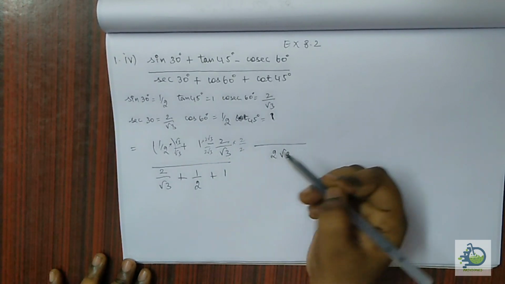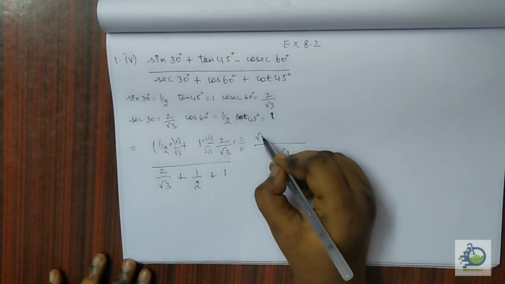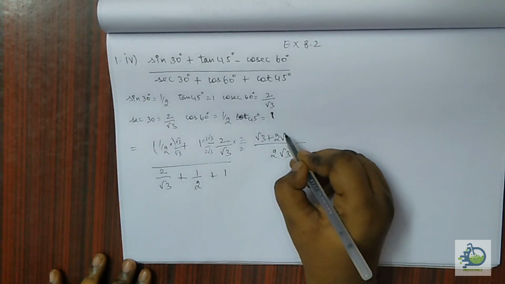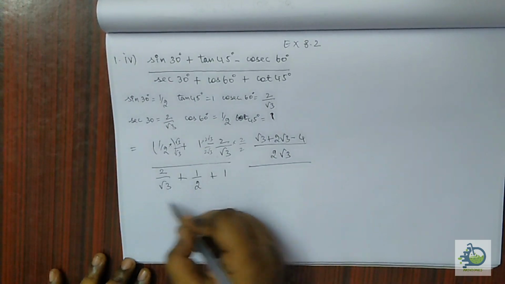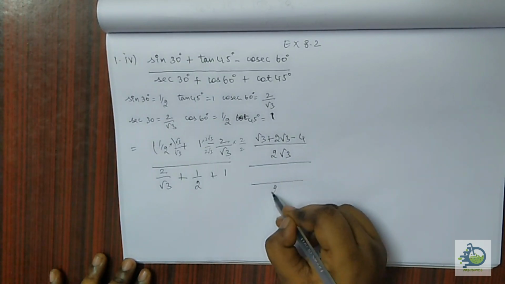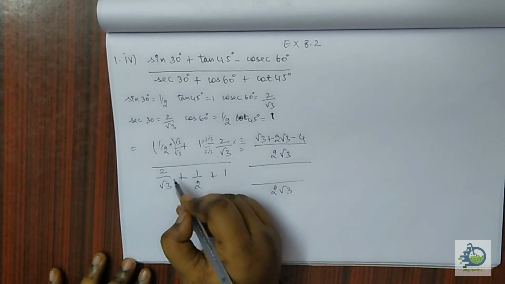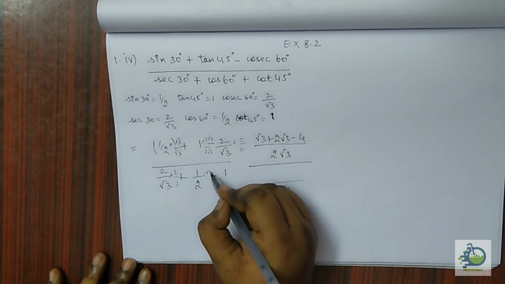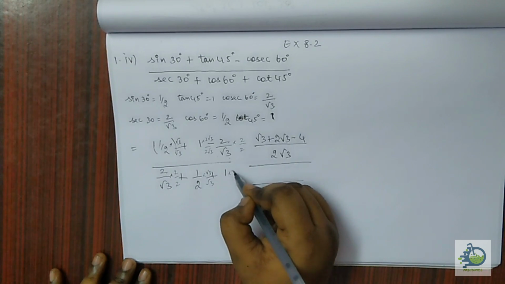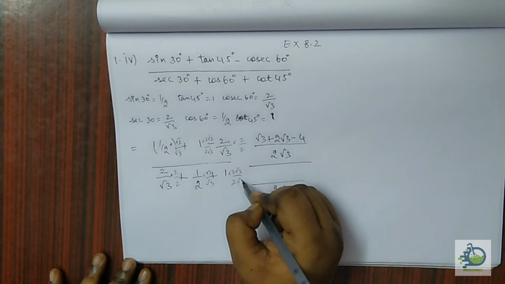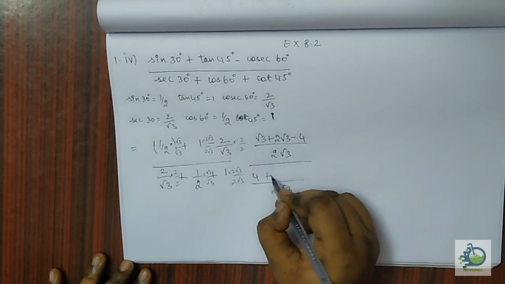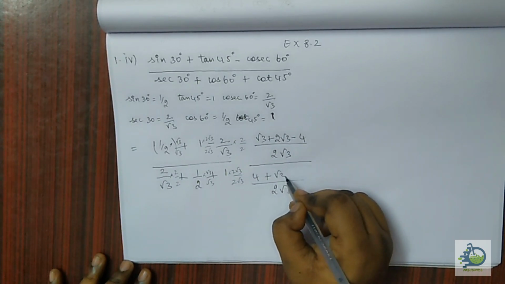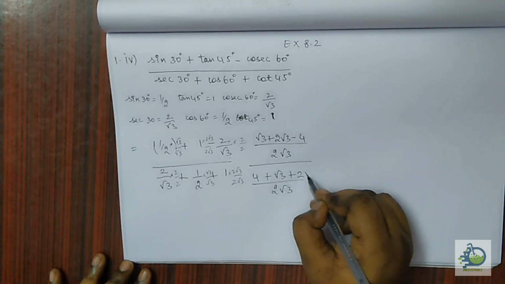So 2 by 2. So root 3 plus 2 root 3 minus 4. Similarly, here also we get the LCM as 2 root 3. So here we have to multiply and divide by 2. Here root 3 by root 3 and here 2 root 3 by 2 root 3. So we get 4 plus root 3 plus 2 root 3.